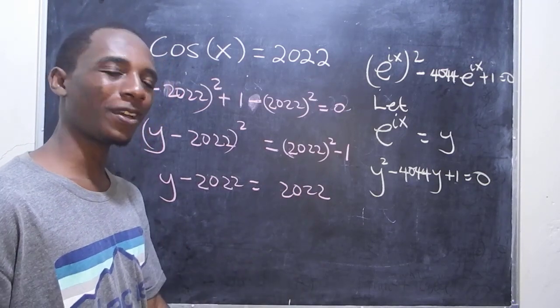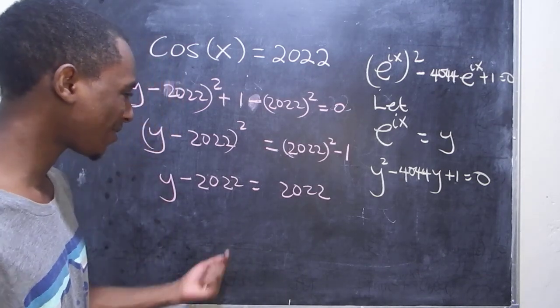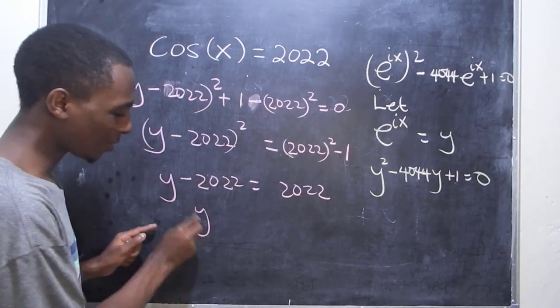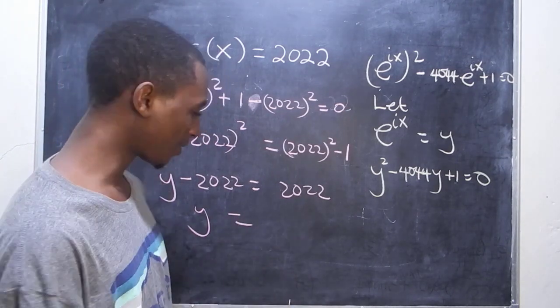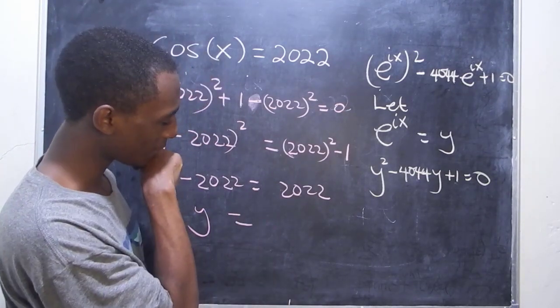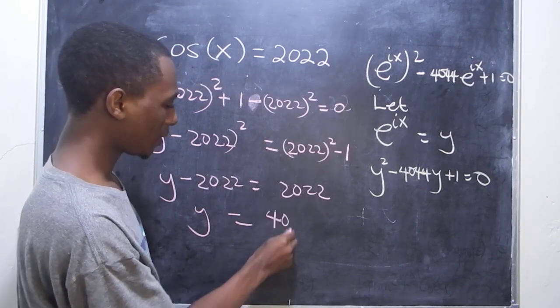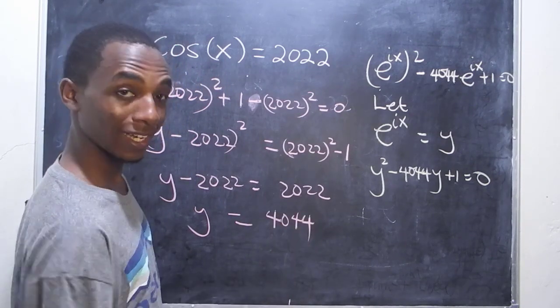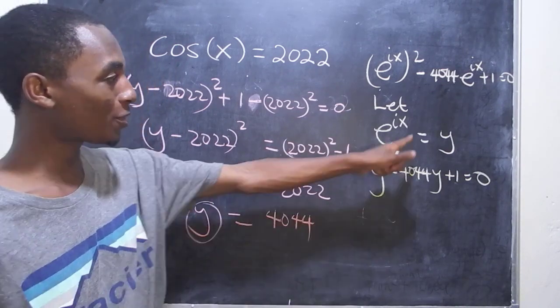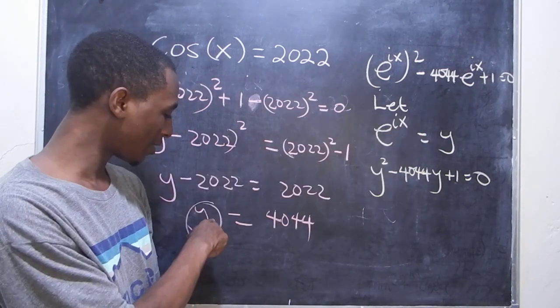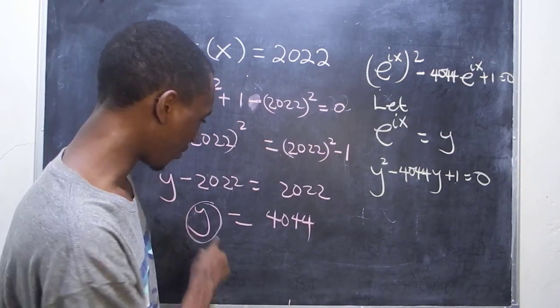So that should fairly work for us, just for this example. So we now have y equals, of course I take this over to the other side, so that's going to be, what's that? 4044 again. But remember, our y is actually e to the power ix, so I'll just put this for y.